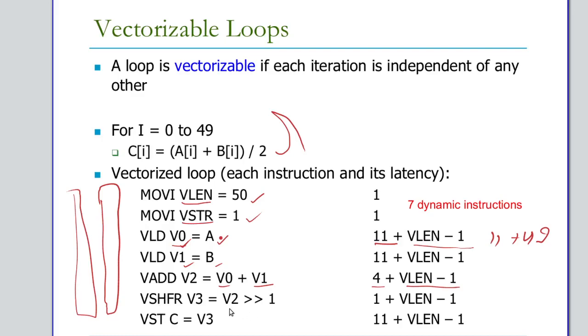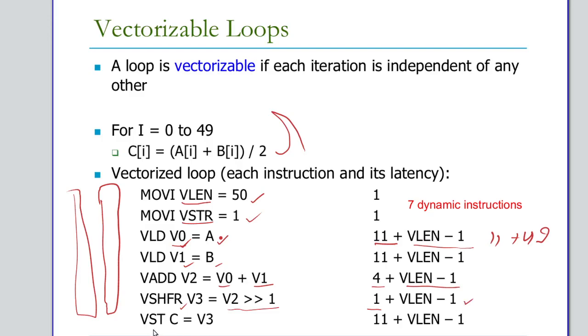Now for the shift operation the same thing will happen. There will be a shift unit, which will also be pipelined, so it is already performing 1 clock cycle output. So 1 plus 49, it will give you output in 50 clock cycles.